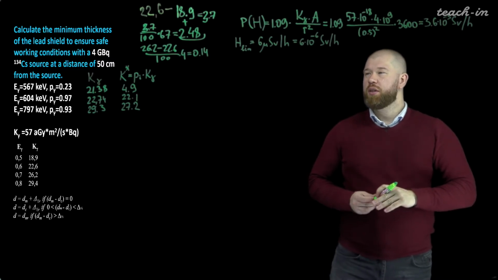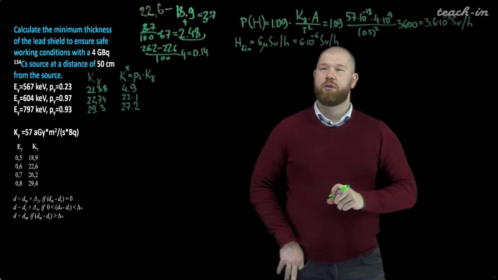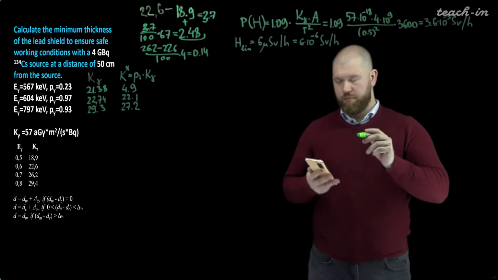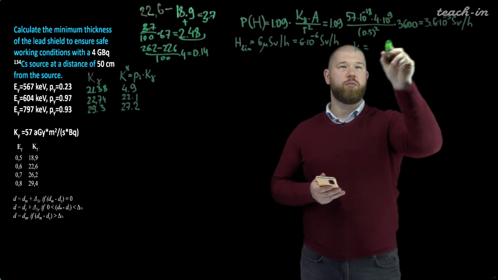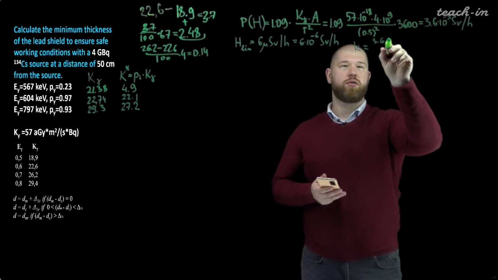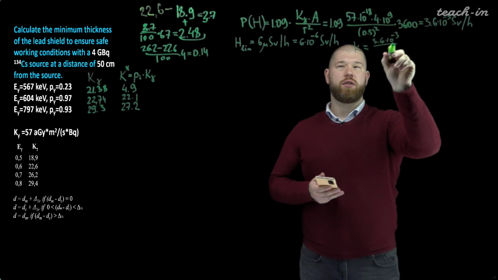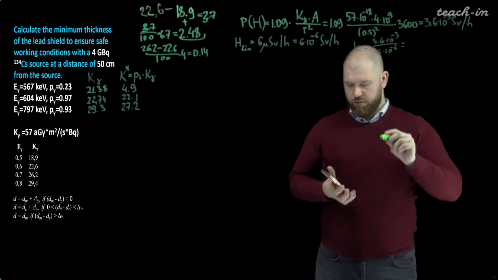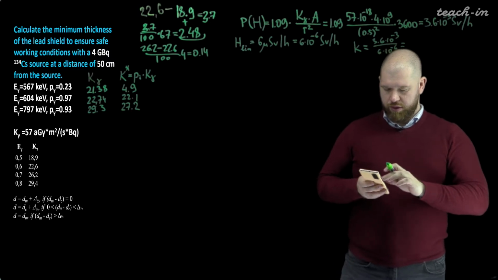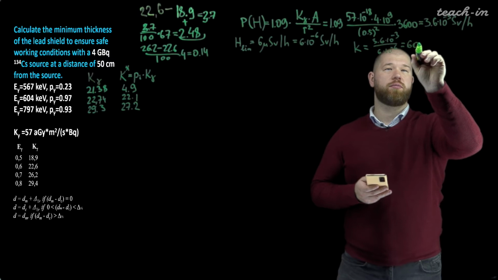That means that we have to recalculate it so that our coefficient will be 3.6 times 10 to minus 3 divided by 6 times 10 to minus 6. So it will give us simply 600.